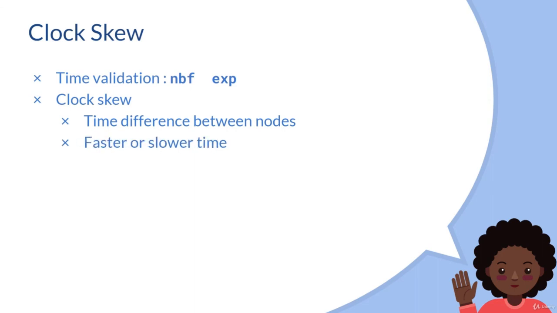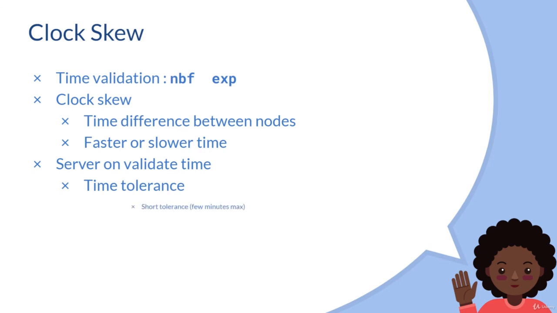For example, the client clock is currently 10:19, but the server clock is already at 10:21. The server is responsible for validating these time fields. During server validation, it is better to give a time tolerance to handle the clock skew. This tolerance should be no more than a few minutes. This time tolerance is usually called leeway.